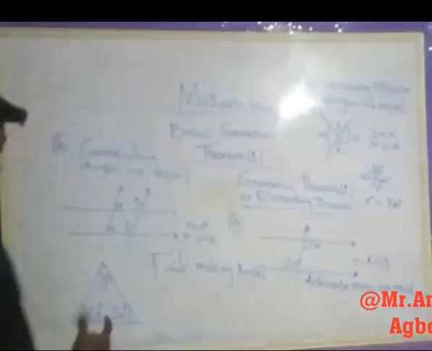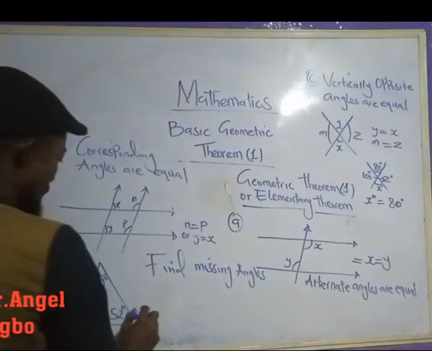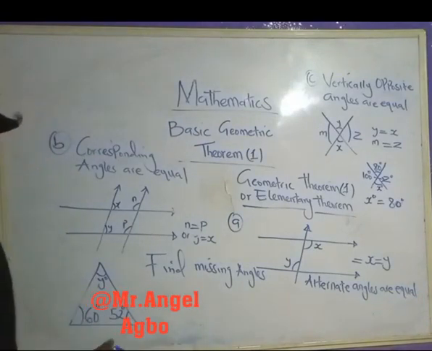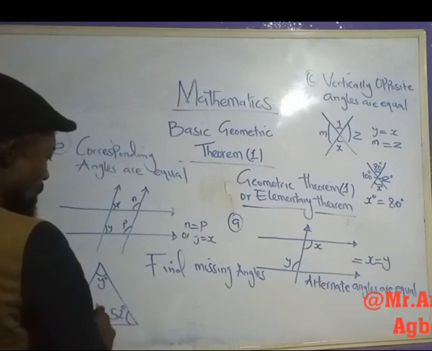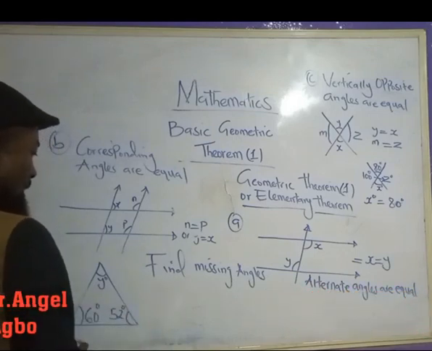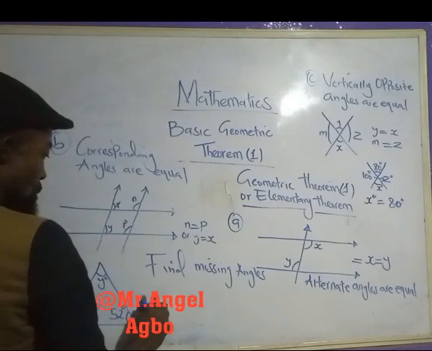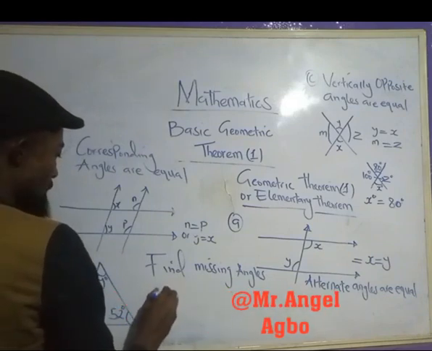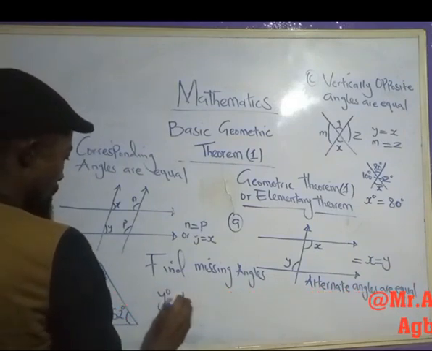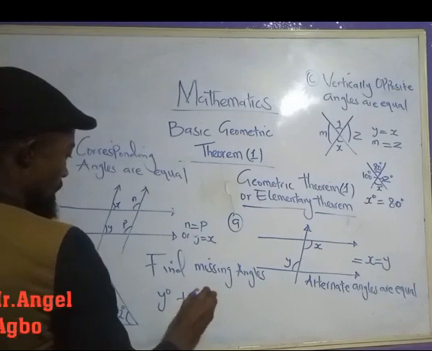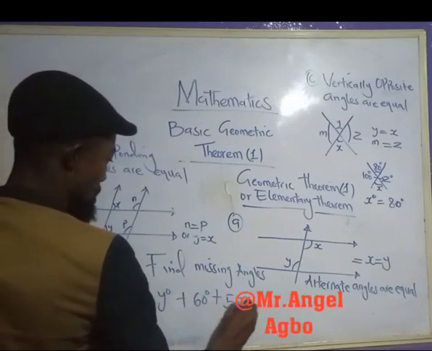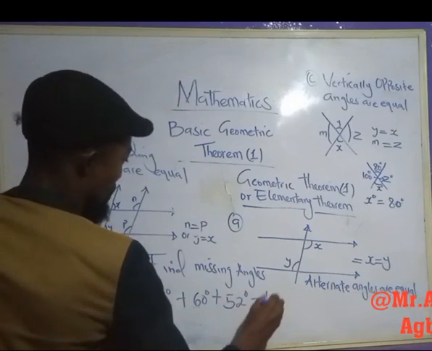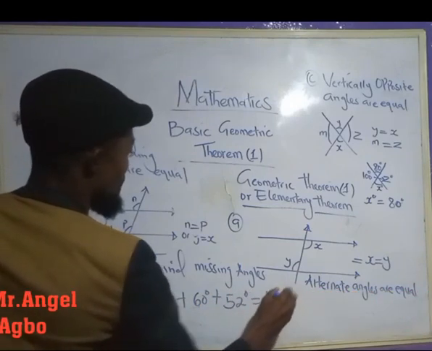Okay. Now, from here, we can say angle on a straight line is equal to 180. So we are going to equate all the angles in this shape to 180. We have y degrees plus 60 degrees plus 52 degrees equals 180 degrees.